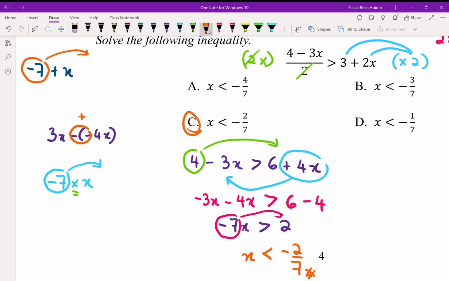Ni pun ada juga. Ada orang telefon saya, cikgu, jawapan ni salah ni. Pelajar saya dapat X lebih besar. Jawapan cikgu salah. Tak apa, jawab dulu. Okay, can class?